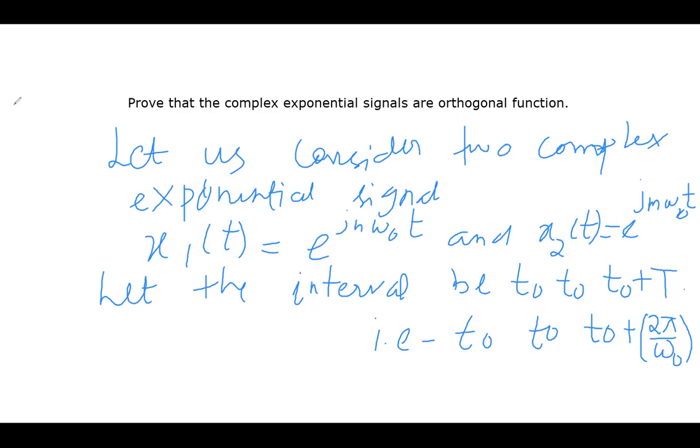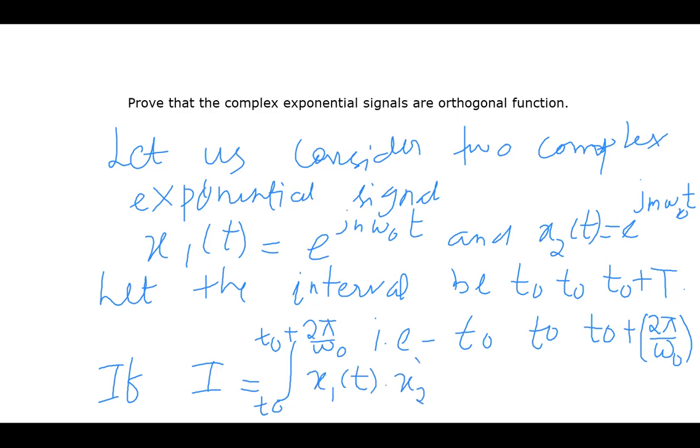Okay, so now in order to say whether it is an orthogonal signal or not, we need to find the integral I, which is the integration from t0 to t0 plus 2 pi by omega naught of x1 of t into x2 star of t dt, and it should be equal to 0, where x2 star of t is the complex conjugate of signal x2 of t.